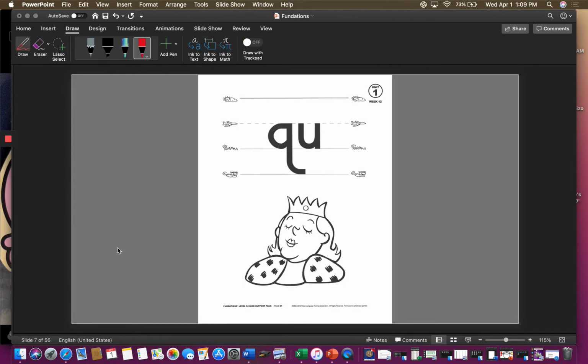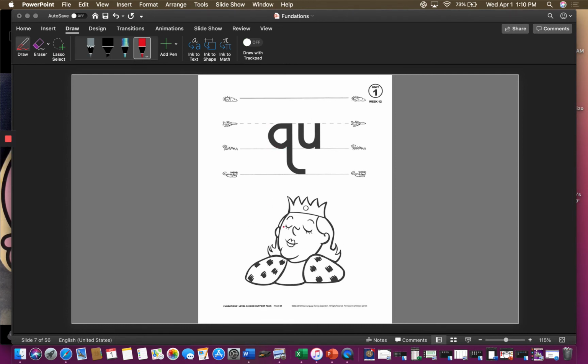Q, queen, qua. So, for the Q, you see that there's an extra letter right next to it. And that's because most words that start with Q have a U next to it. Q is the name of the letter.